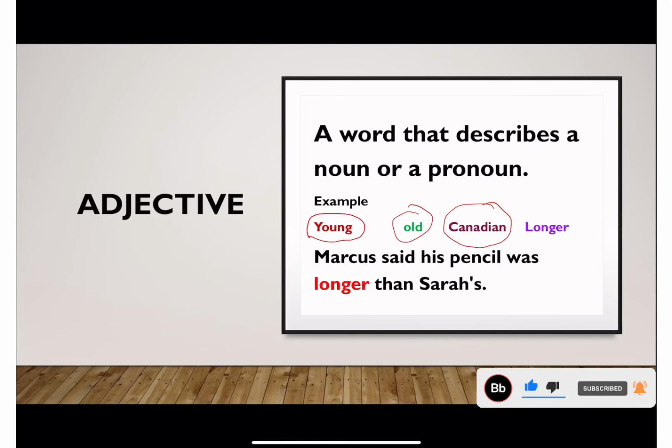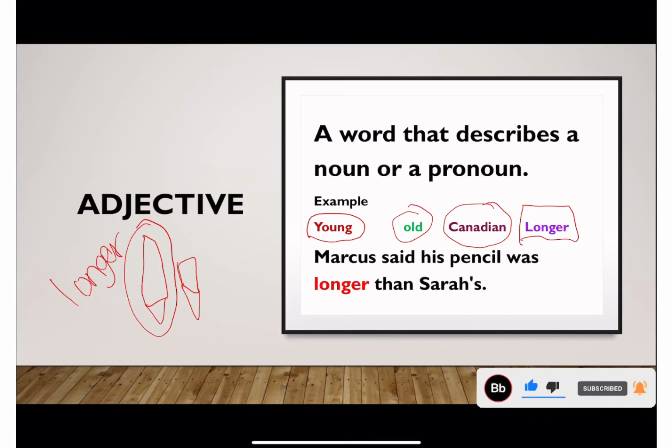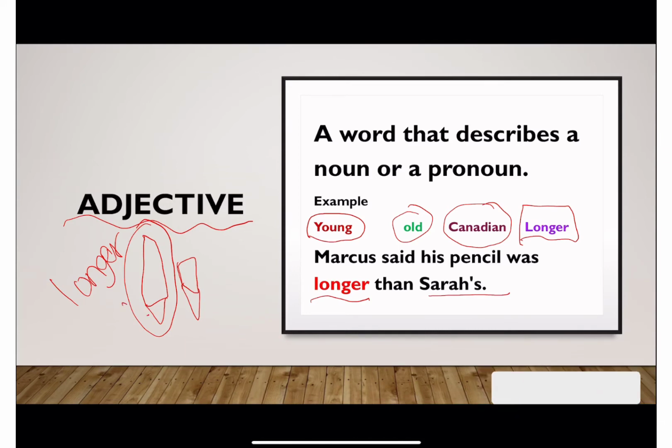It can also be used to compare things like, oh, I have 2 pencils. This one is longer. So an adjective describes something. It's a describing word. My sentence could be, Marcus said his pencil was longer than Sarah's. Who has the longest pencil? Marcus does, and that's just an example.